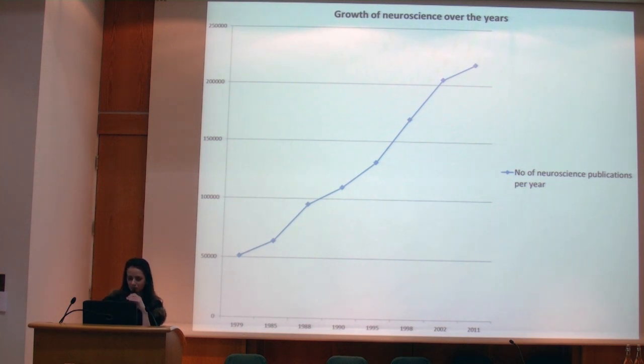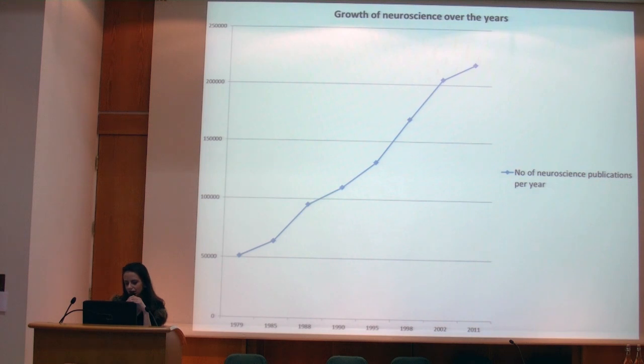Right, so now we know the problems. And what I wanted to show you is the approximate growth of neuroscience over the years. On the x-axis, you have the year. It starts from 1979 up to 2011. And on the y-axis, you have the number of publications.